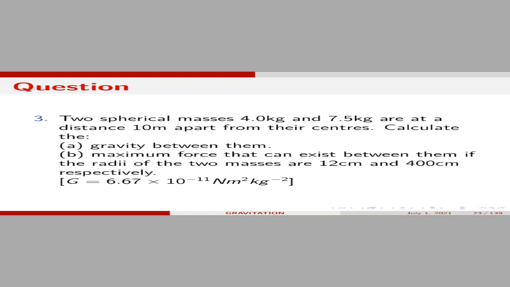Are we okay? Can we continue? All right. So how do we solve this question? It says two spherical masses, 4 and 7.5. So let's look at the solution.